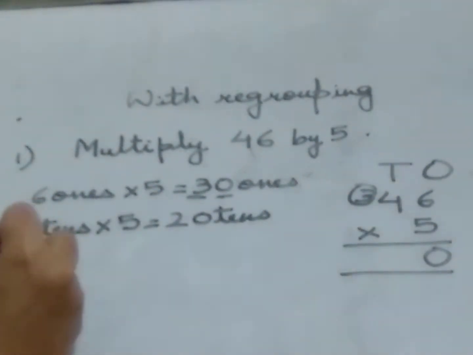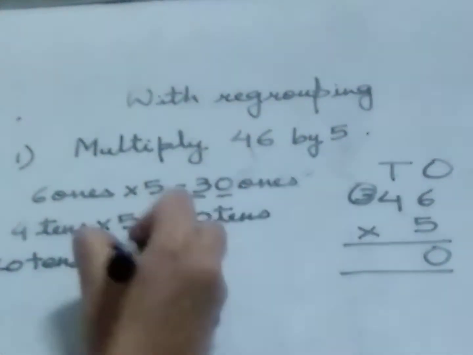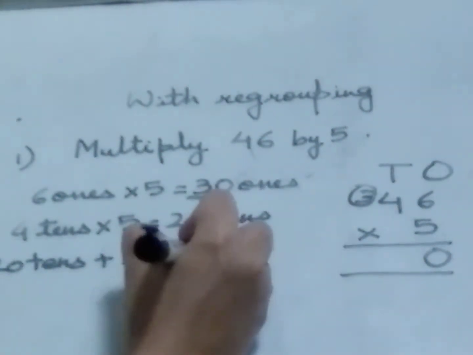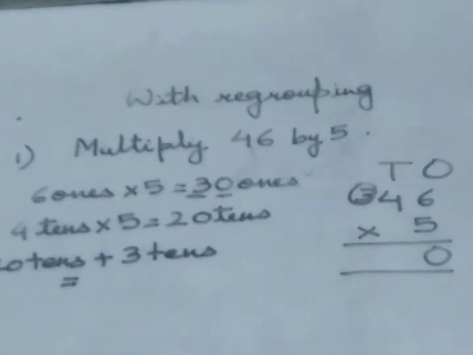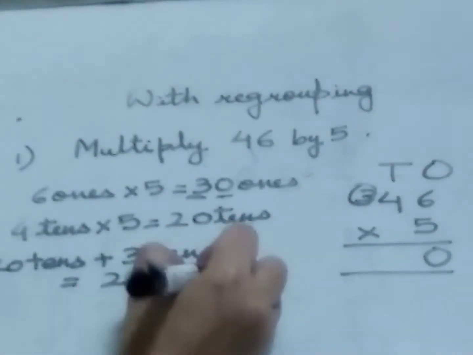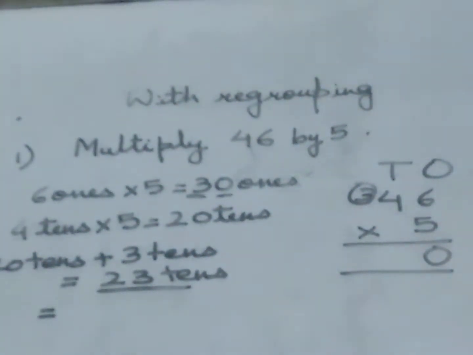Now 20 tens plus these 3 which is carried over, 3 tens, is equal to 23 tens. This 23 tens means 230.